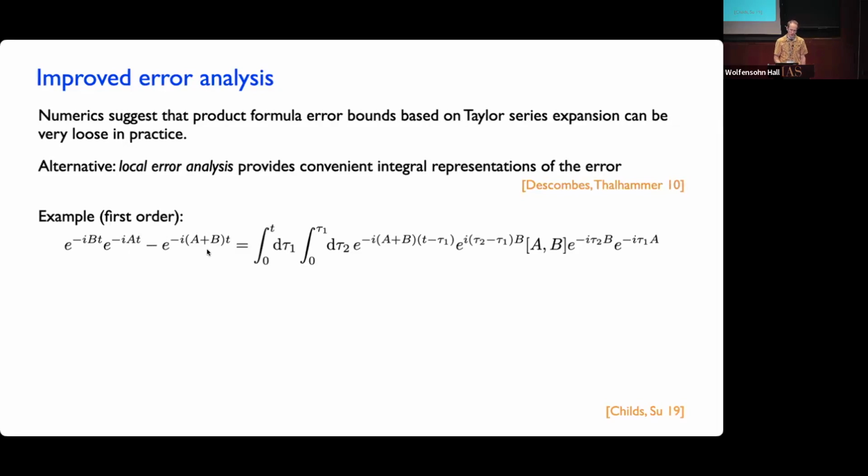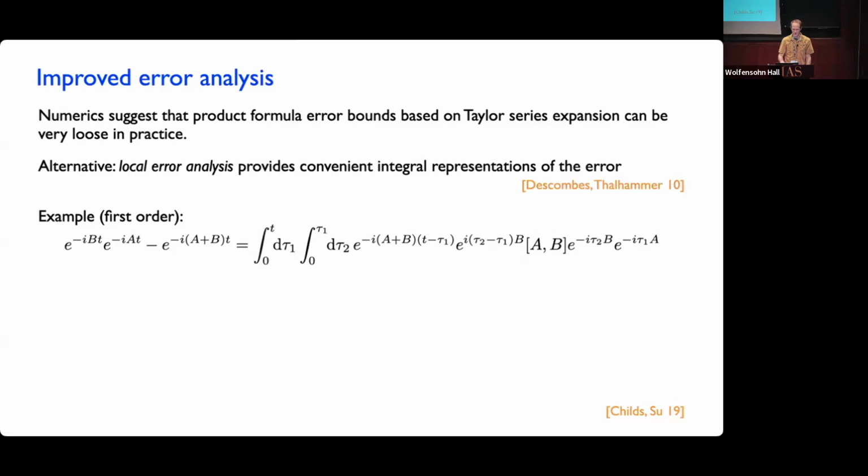What you can show is that you can exactly represent the error operator, the difference between the ideal and the approximated evolution, by some kind of integral. And what does this integral look like? Well, it's an integral of the commutator of the terms in the Hamiltonian, conjugated by a bunch of stuff, and you integrate over these times. But crucially, the terms that appear to the right and to the left of the commutator are just unitary evolutions, so those are things of norm 1.